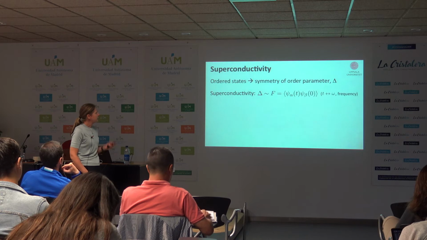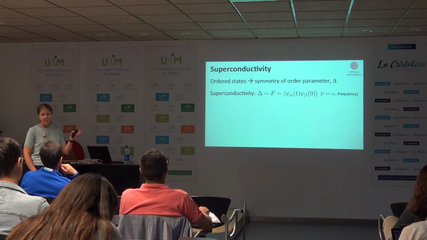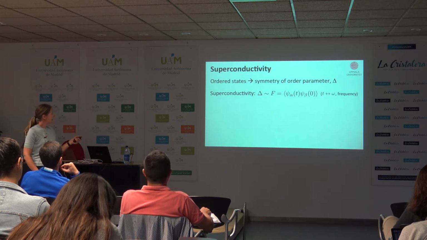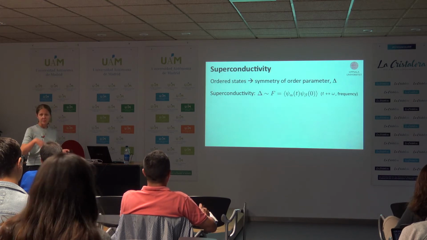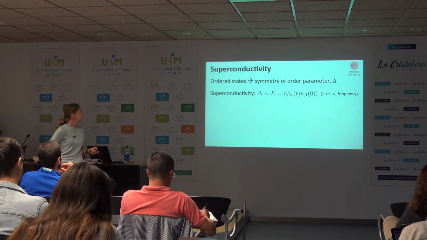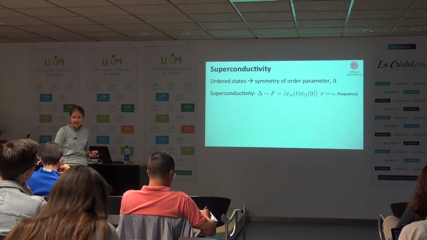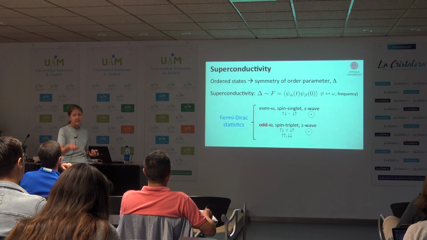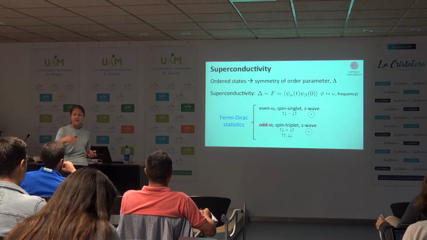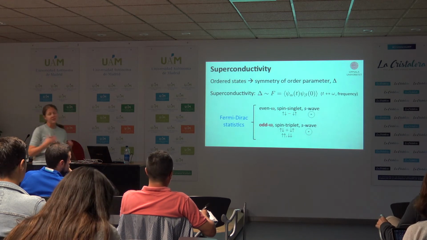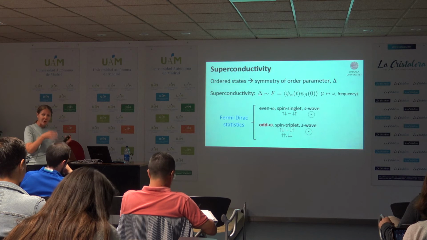Now, nothing prevents you from having a time dependence in this Cooper pair expectation value, and if you have a time dependence, well, the Fourier transform will have a frequency dependence. And if you have this frequency dependence, you can be even or odd in frequency. At this level, what the oddness in frequency does is that it allows you to have other symmetries for the other parts of the condensate.